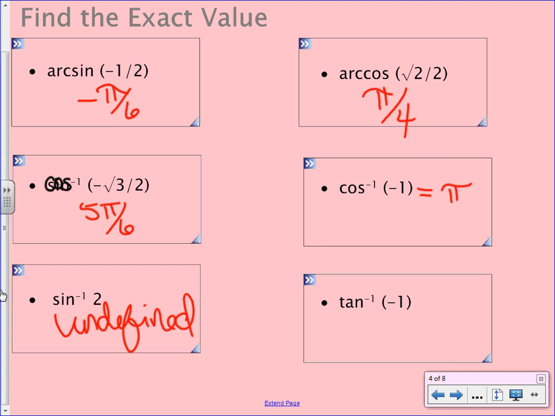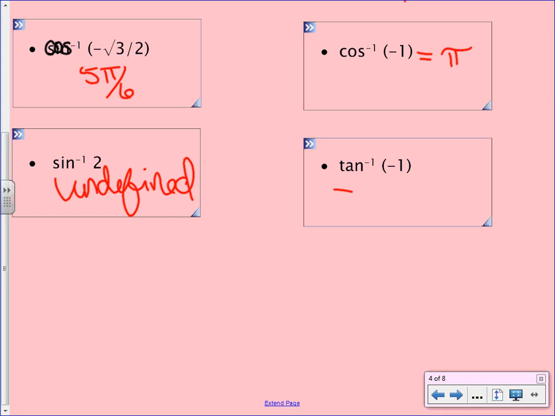And where is the tangent ratio negative 1? Good, negative pi over 4. Okay, we like to think of that as 7 pi over 4, but since our range is negative pi over 2 to pi over 2, we're going to write it as negative pi over 4, which is actually easier, right? Wonderful. Okay, feel okay there?